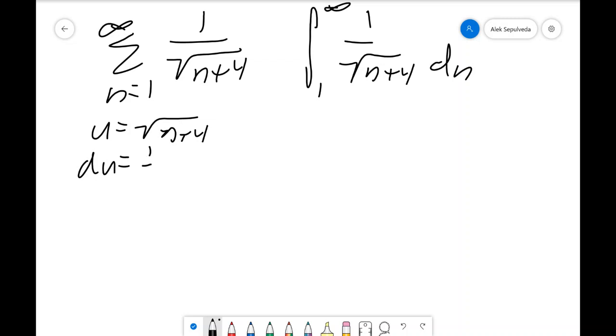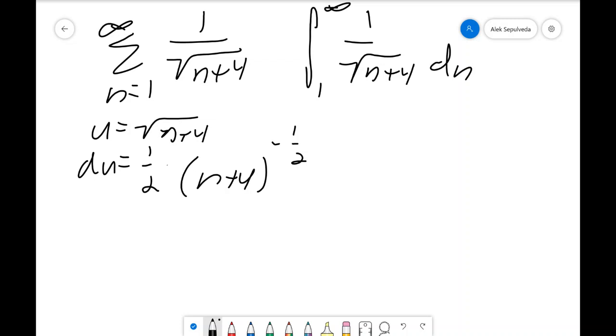It's going to be 1/2 square root of n plus 4. And in fact, this is not a square root. This is actually 1 over the square root of n plus 4.